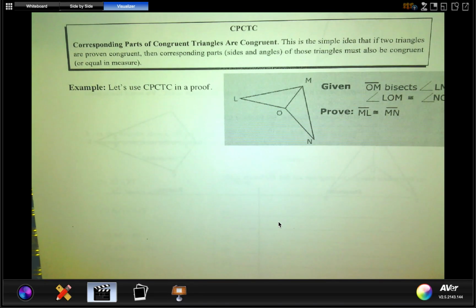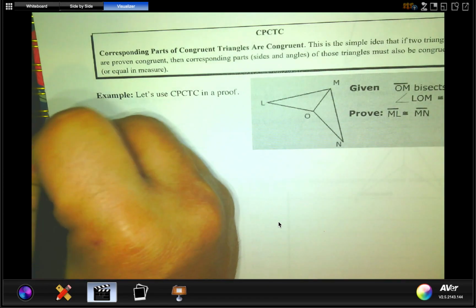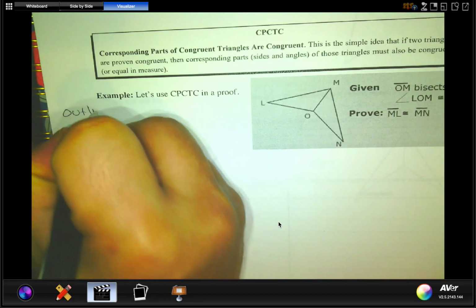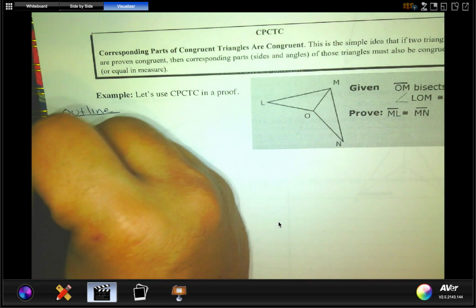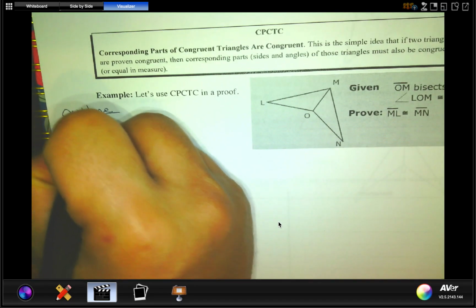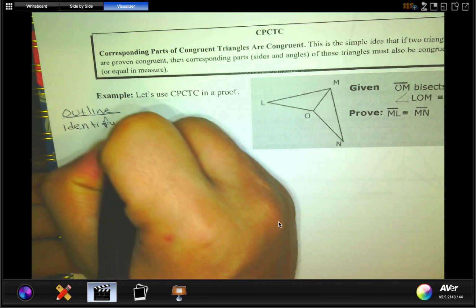Okay, so the first thing we want to do is provide ourselves with an outline of our goal. And so what is it that we want? Well, the first thing is to identify the given, right?